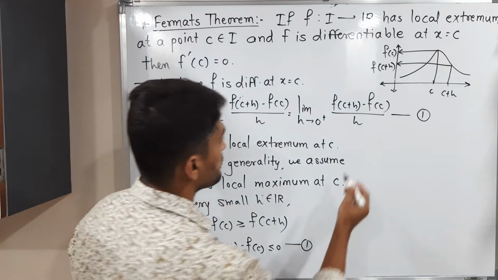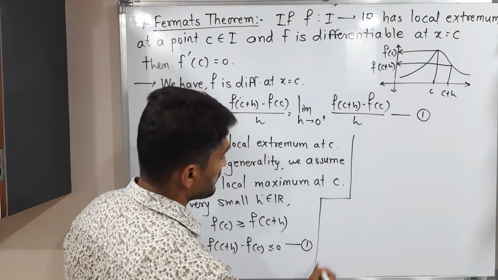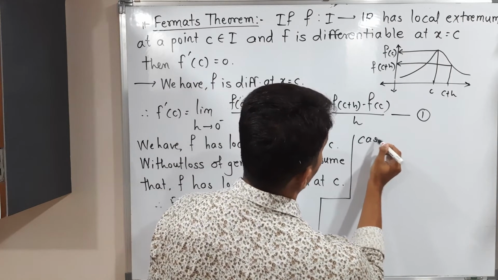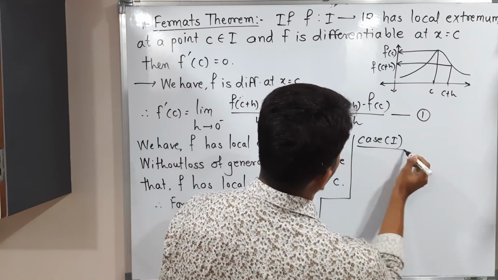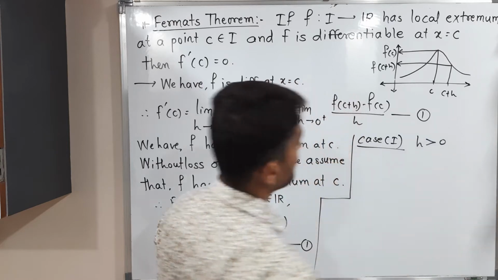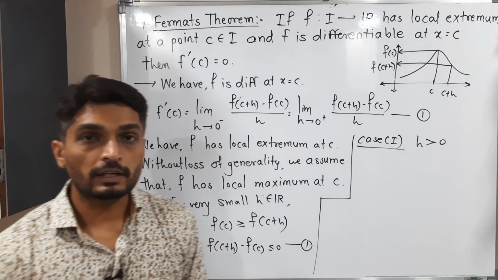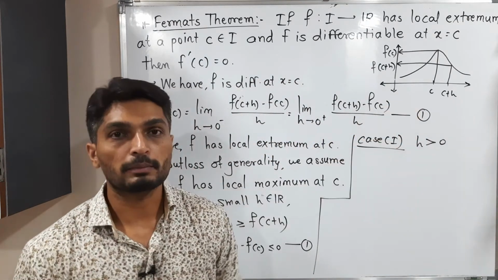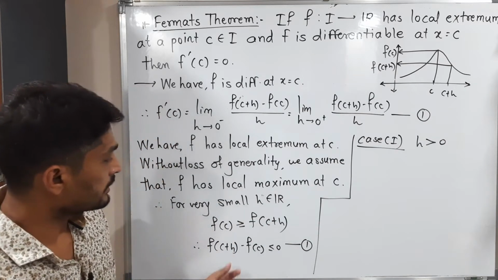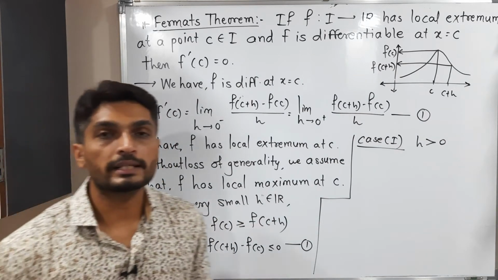Let us write case number 1: h is greater than 0. As you can see in this diagram, h is positive. I will divide both sides by h.